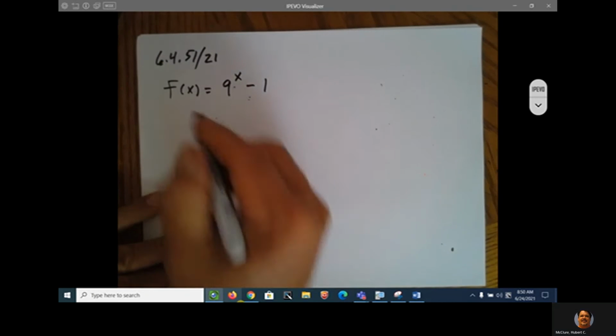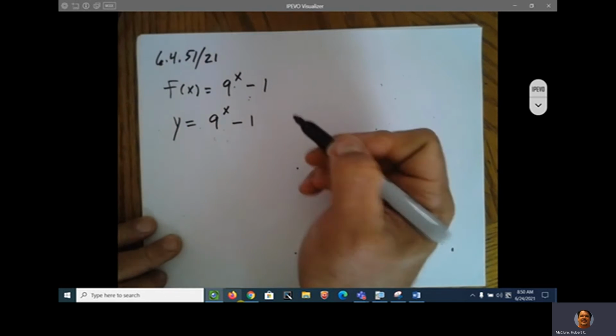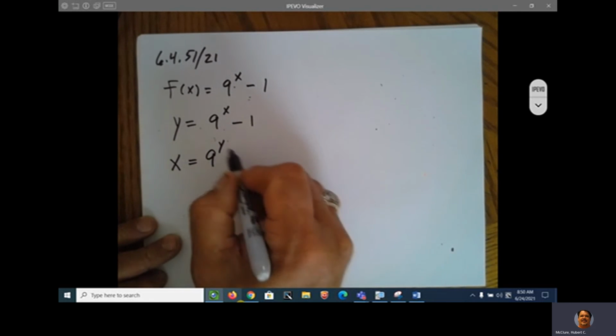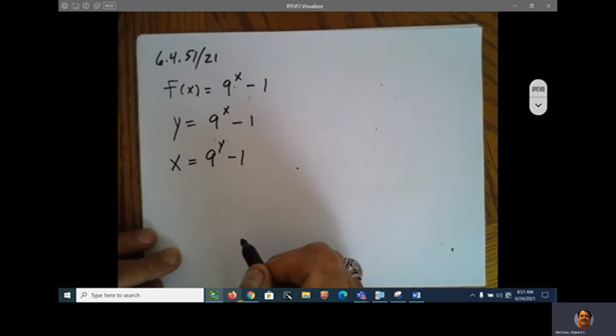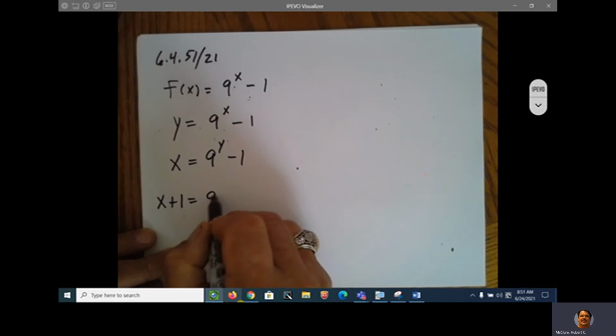Algebraically, y is equal to 9 to the x minus 1. Switch the x and y. X is equal 9 to the y minus 1. And it looks like you could actually do x plus 1 is equal 9 to the y.